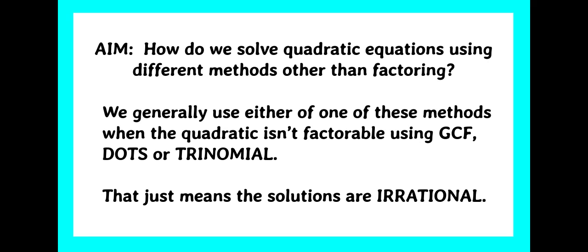Irrational just means that your solutions are going to have either a non-terminating, non-repeating decimal, or in the future, something called imaginary solutions as well. We're going to talk about it in the future. It's something called roots as well. Our answers before have been coming out to integers, whole numbers, fractions, nice decimals, but these today are probably going to come out to irrational solutions.